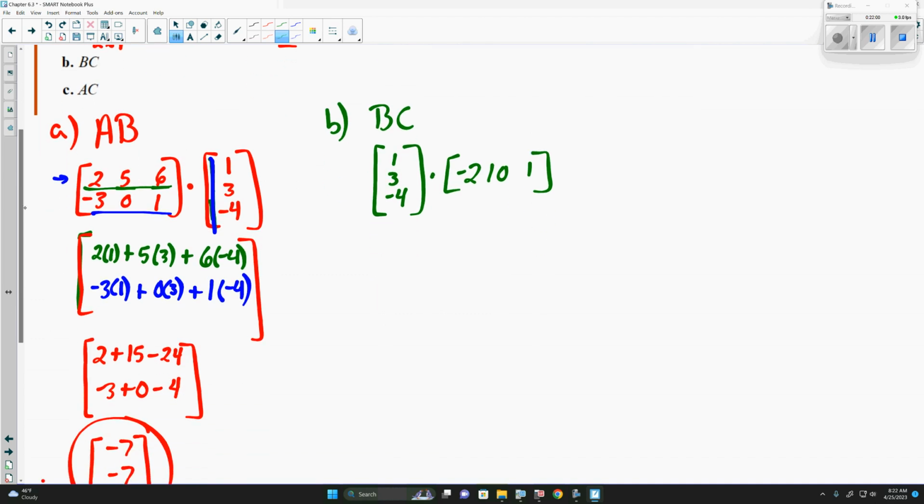Can we multiply these two together? A 3 by 1 and a 1 by 3. Yes. Columns of the first, which is 1, matches the rows of the second, which is also 1. So we can do this multiplication. Now it works out that our final matrix is going to be a 3 by 3.